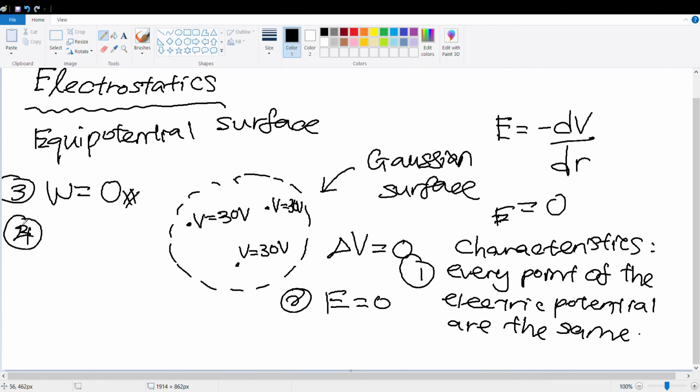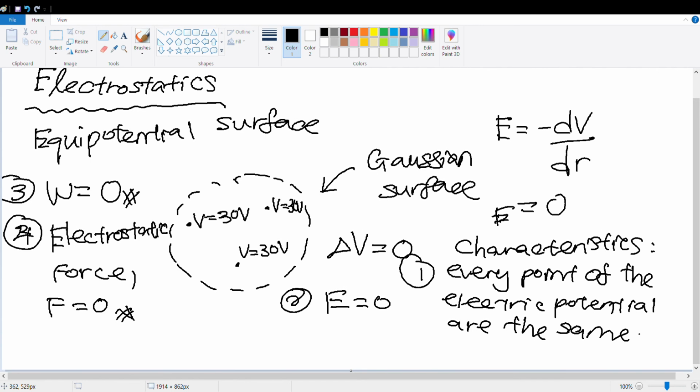So finally, since no work is done, I can conclude that the electrostatic force F is 0. So I repeat again.